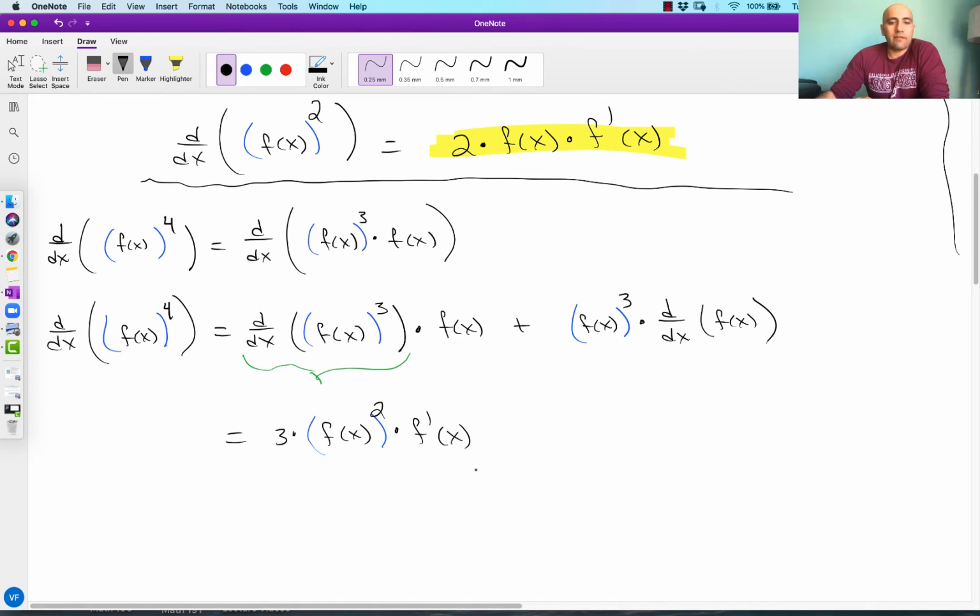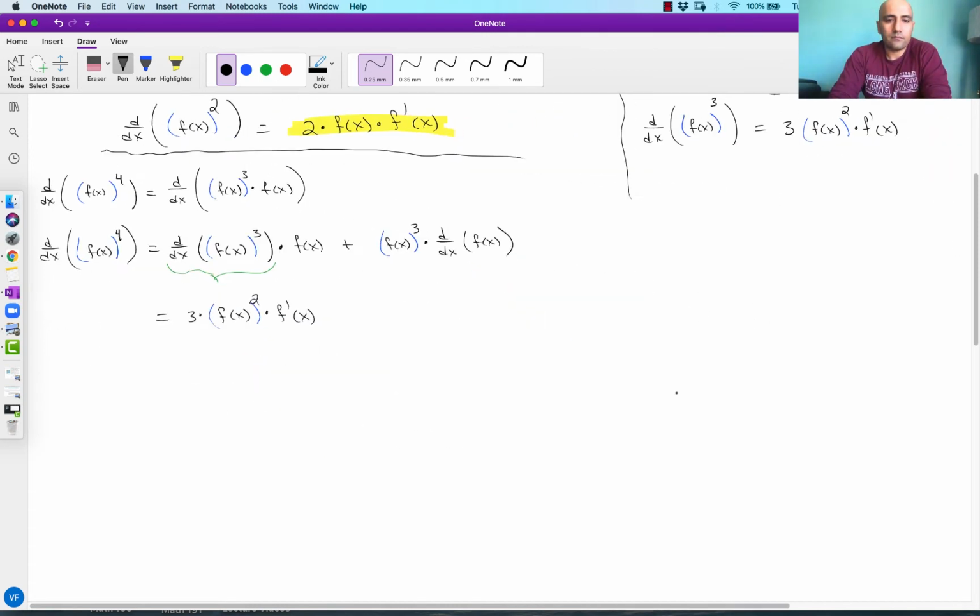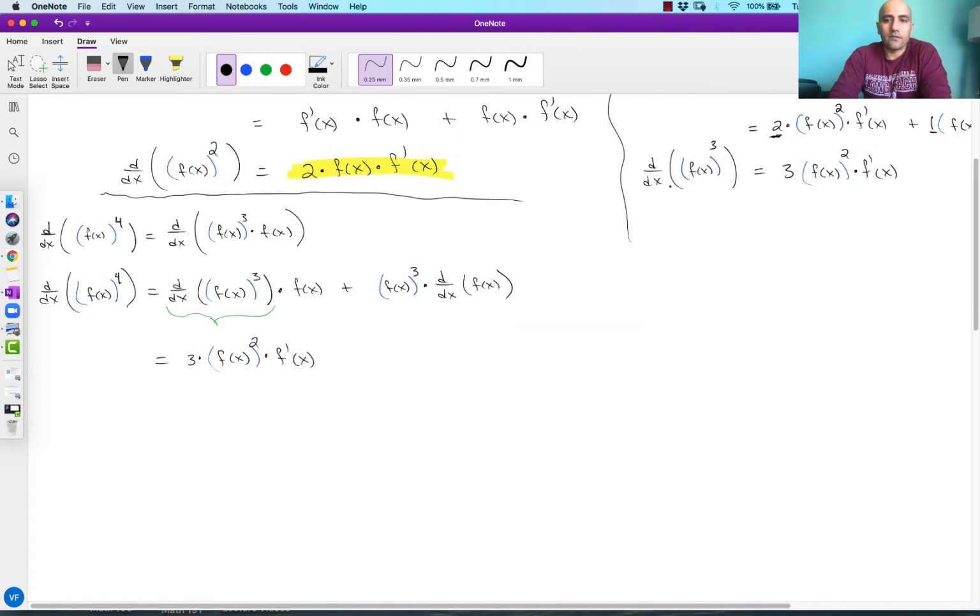Right, just copying it from above. In fact, let's look at it over here. It's right there. The derivative with respect to x of f of x cubed, we said was equal to this. Okay, so it's f of x squared times f prime of x, and there's a constant 3 in front.